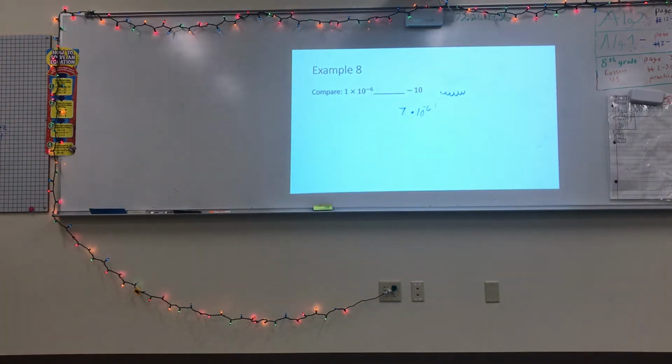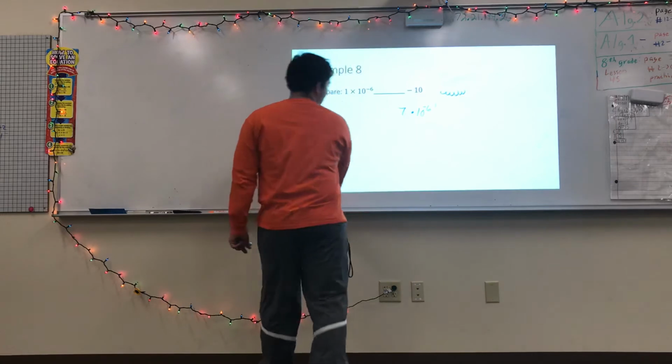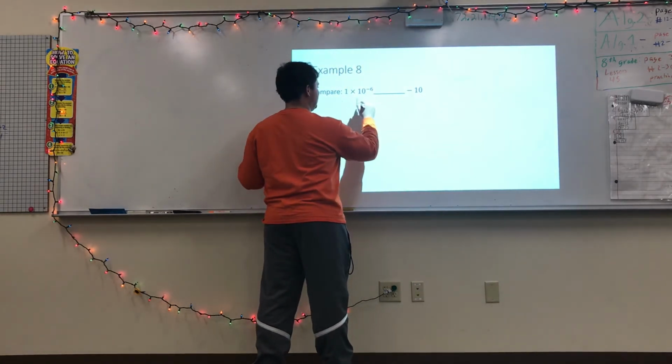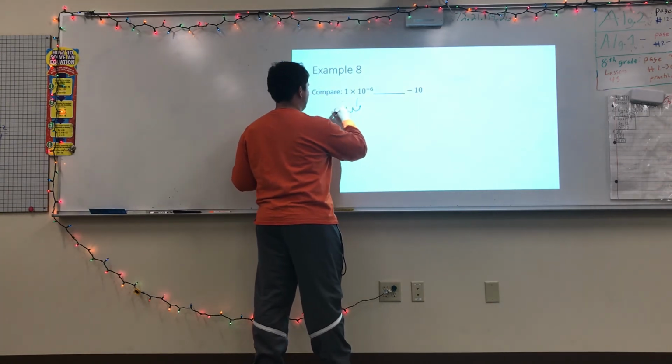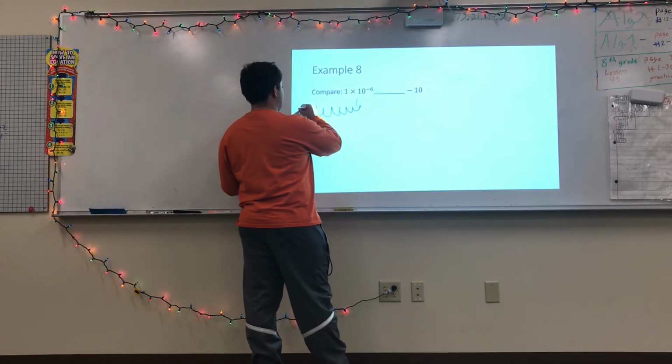Alright, we have to compare these. Okay, we have -10. This is a good one. We have 1 sitting here. We have to move it 1, 2, 3, 4, 5, 6, 7, 8.